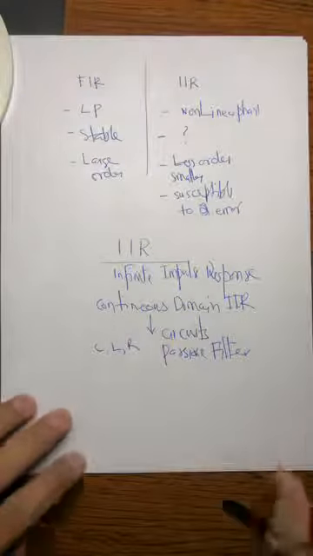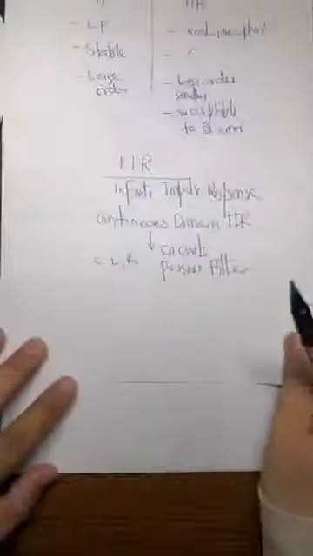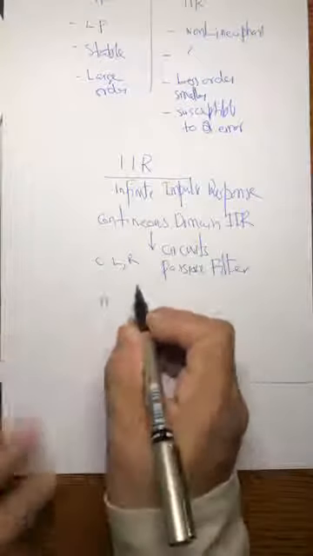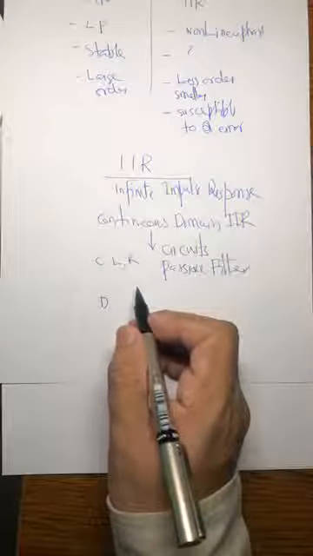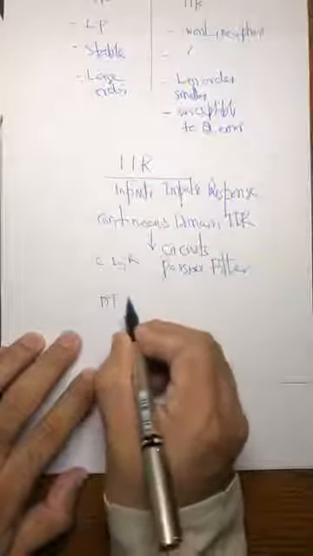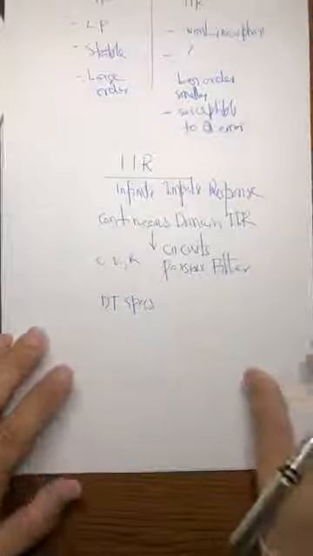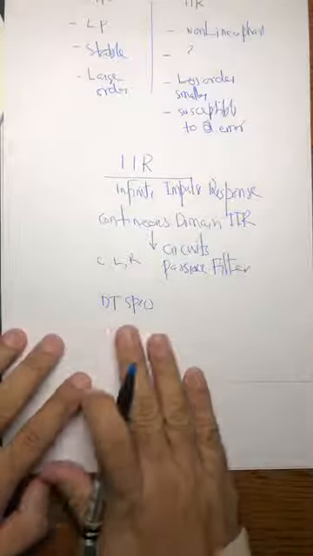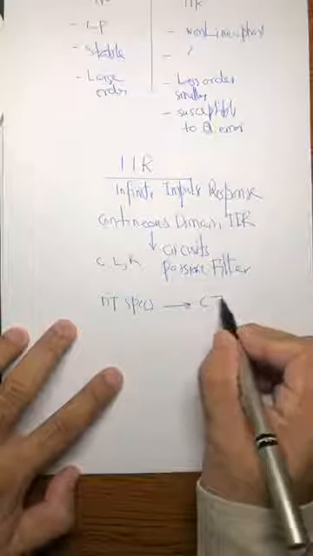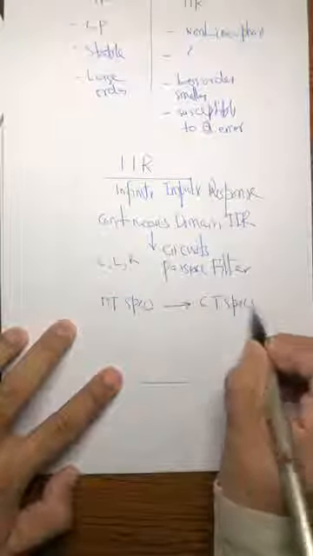They play a trick, and the trick is simple. My specifications are in the digital domain, so I have discrete time specifications. I convert these specifications into continuous time specifications.